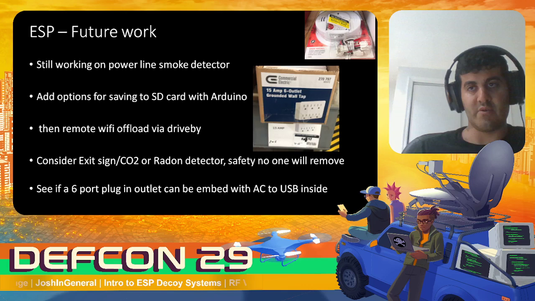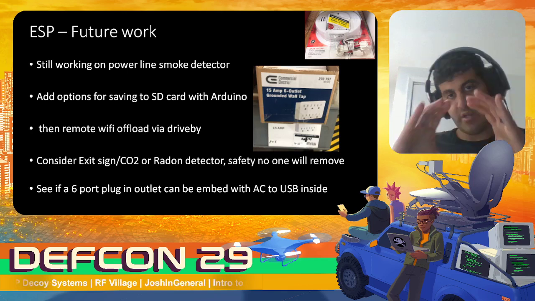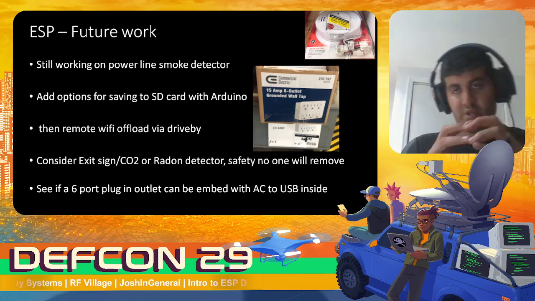Other things I've considered are exit signs, CO2 or radon detectors. Those are generally a lot larger than the smoke detector, and so they will have a lot more room for me to be able to put a battery pack or connect to the AC power in there. And they're also a safety item too, so no one's going to remove them.